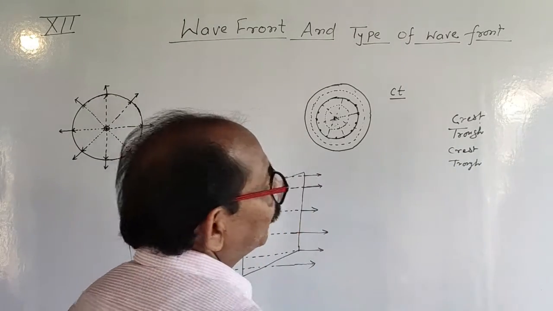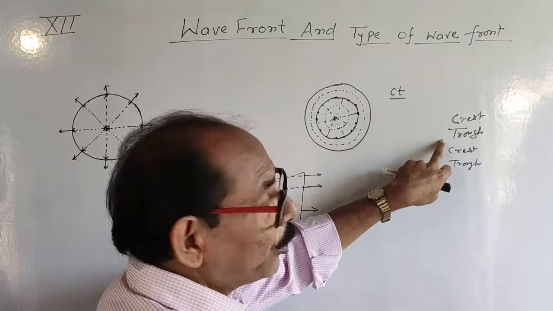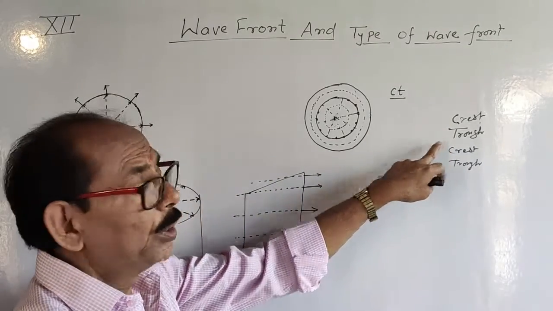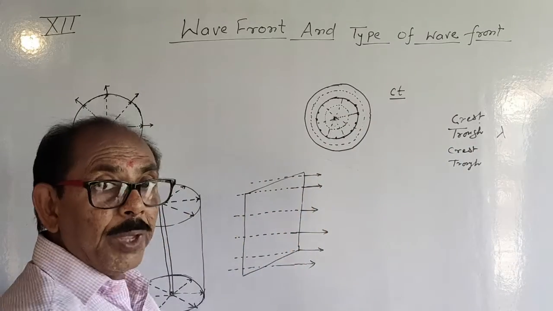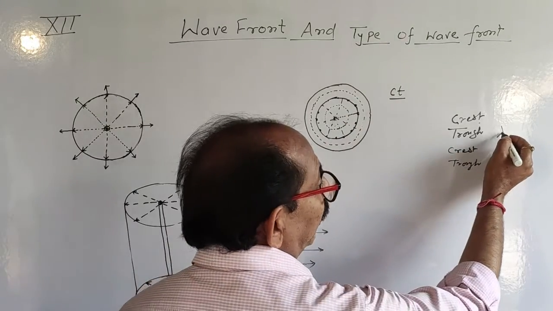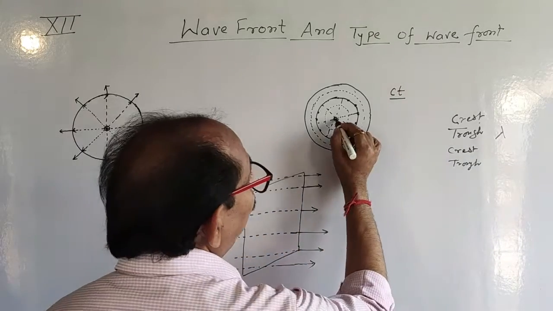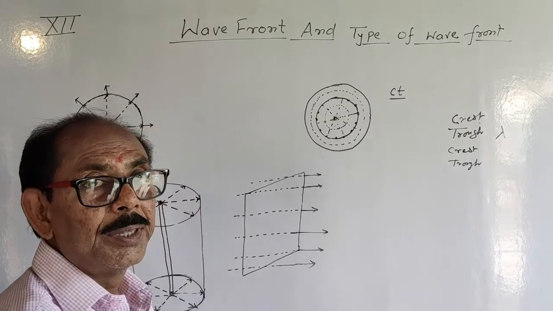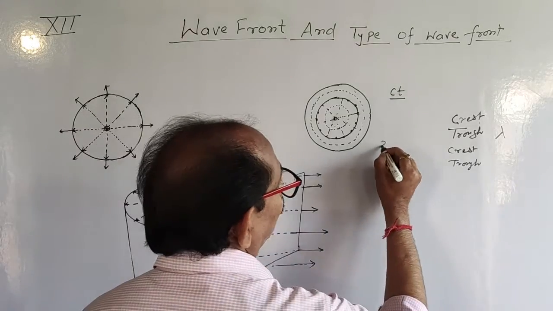The distance between two crests, as we already know, is called the wavelength, denoted by lambda. The phase difference between the two crests is 2 pi.